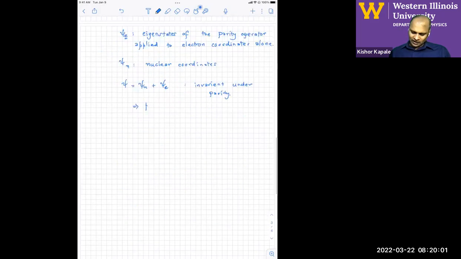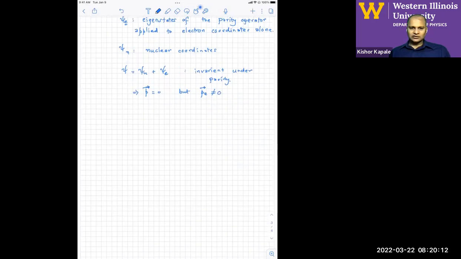The total dipole moment is zero, but P_E may not be equal to zero. So individually, P_E may not be zero for some molecules, but the total dipole moment P, which includes the contribution from both the nuclear and electronic contributions, is going to be zero.